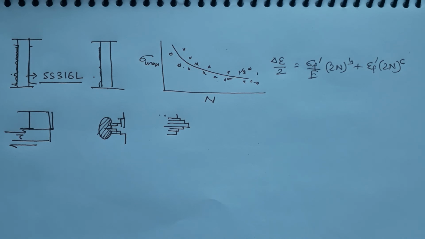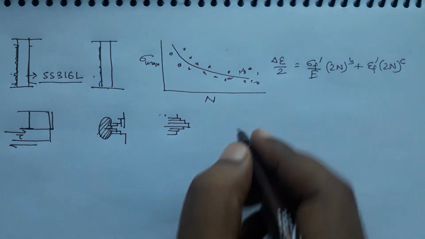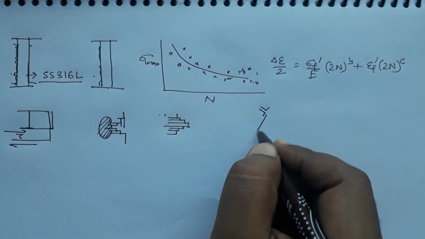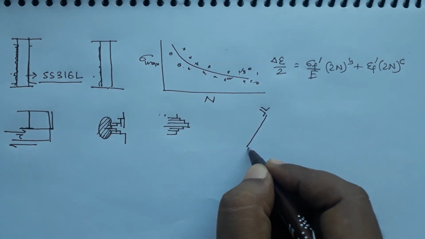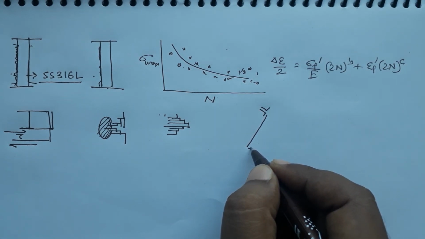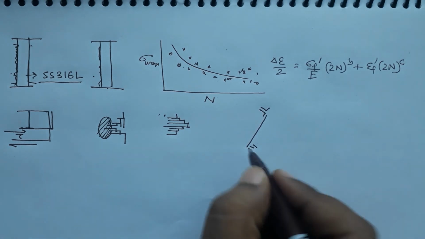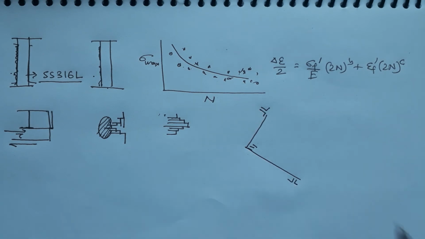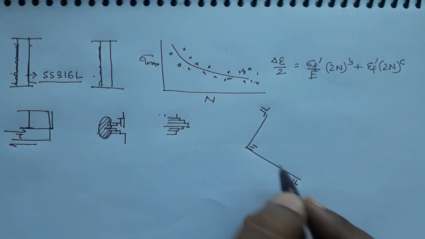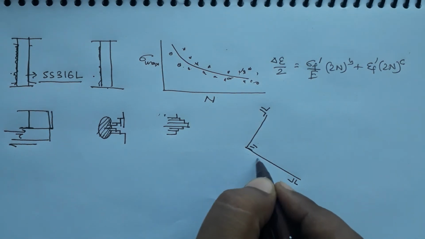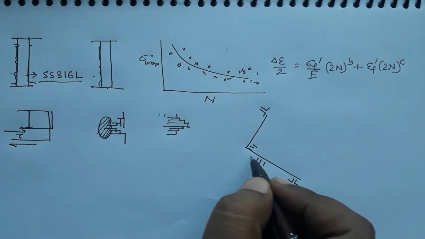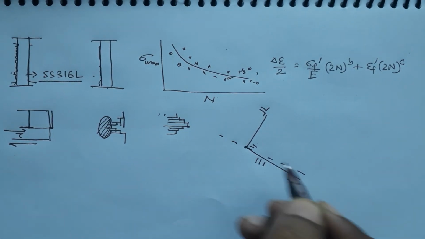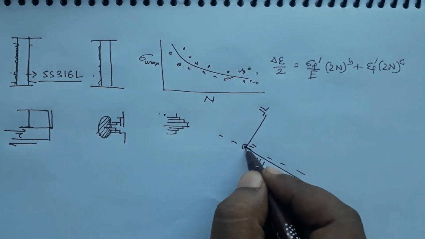For example, if there is a Lomer-Cottrell barrier, one dislocation has broken up into Shockley partials and they are coming along one {111} plane, and then there are other Shockley partials which have dissociated. So, one dislocation has dissociated into two Shockley partials and they are also coming on a different {111} plane, and they intersect on another {111} plane and it becomes a Lomer-Cottrell barrier. So, nobody can move from here.